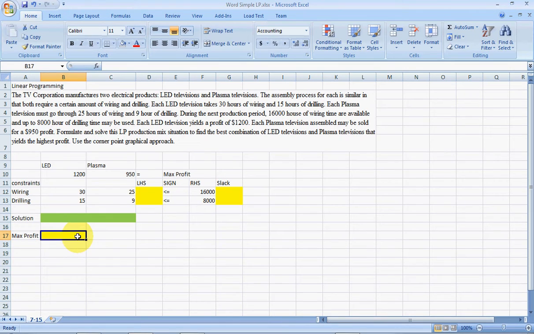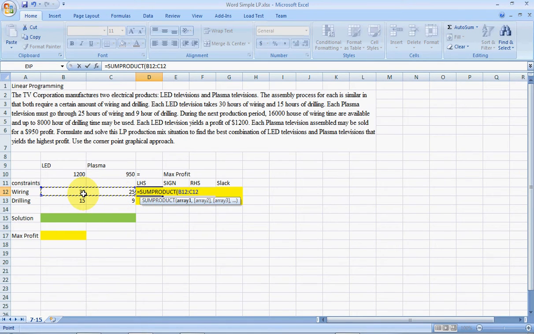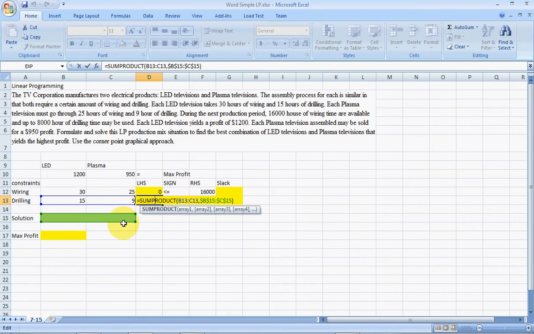So our left hand side is always going to be equals SUMPRODUCT of the row next to it and our solution. If we hit F4 on our solution, it'll lock it, and then we can hit enter, which will allow us to drag it down, and we can see that it worked perfectly.